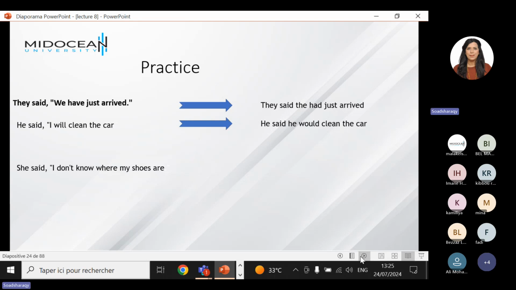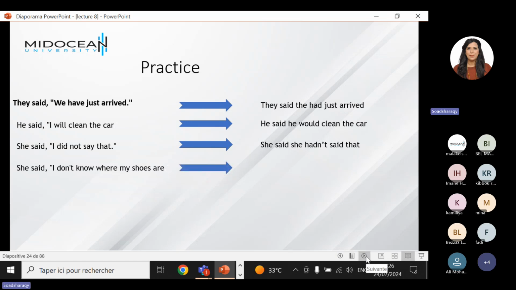She said she hadn't said that. She said, I don't know where my shoes are. Here the sentence is in the simple present tense. In reported speech, she said she didn't know where her shoes were, simple past.